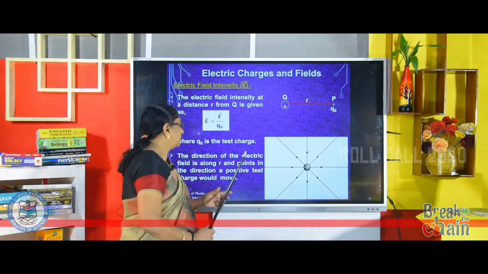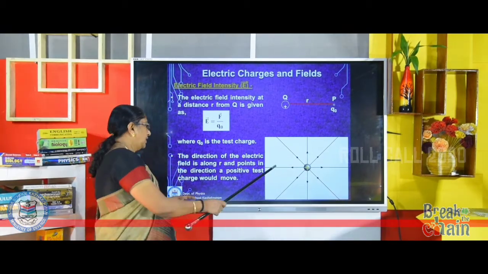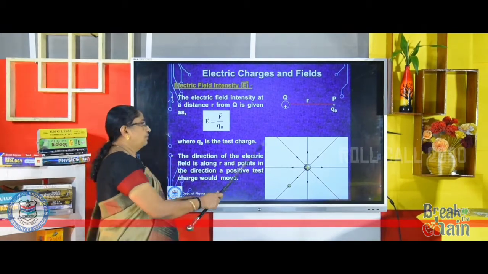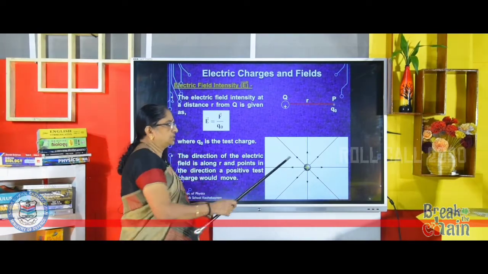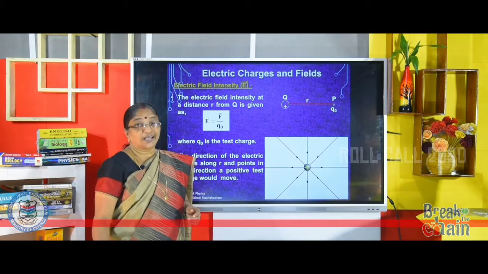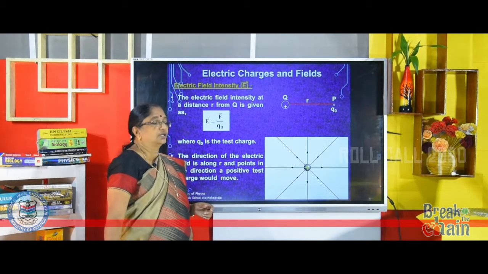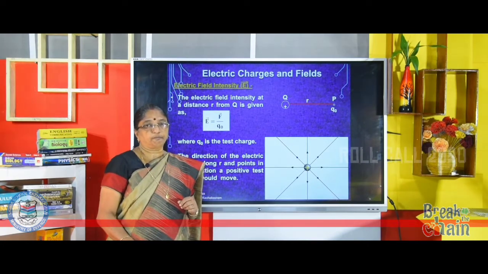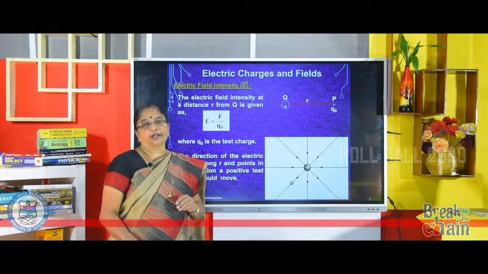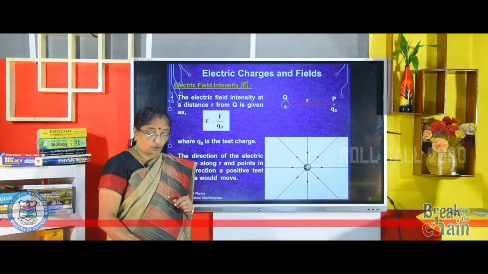So direction of the electric field intensity is same as the direction of the force experienced by the test charge, and since it is the positive charge, the direction is away from the positive charge. So electric field intensity is a vector quantity with both magnitude and direction. One of the expressions for electric field intensity is this, vector F by Q0.